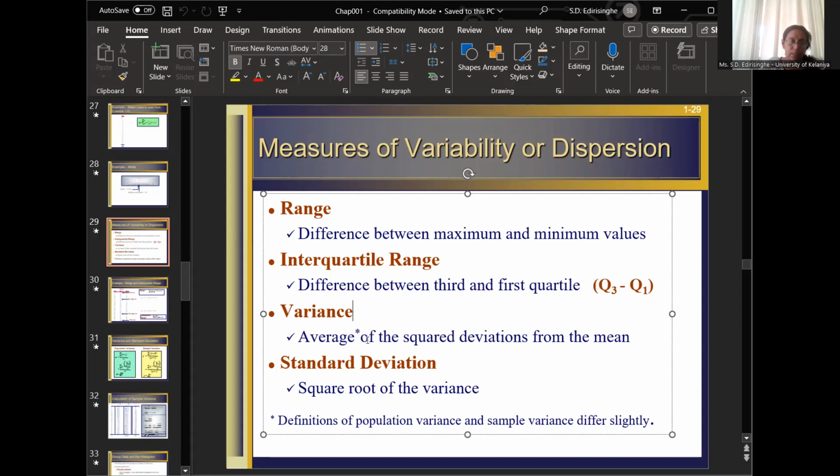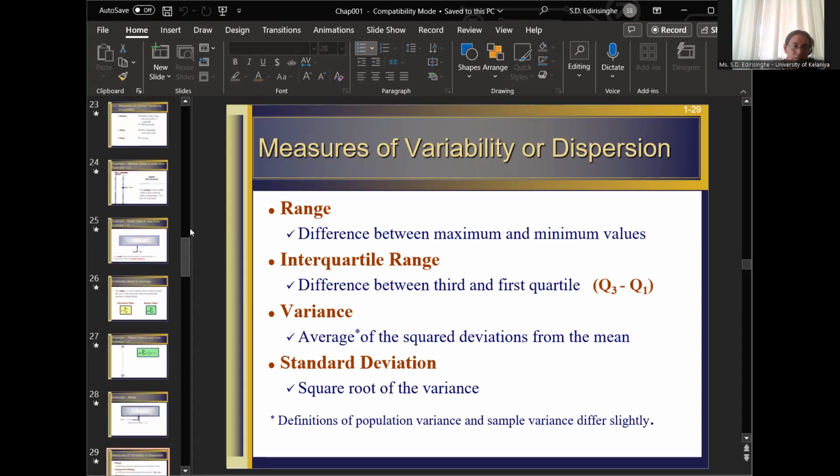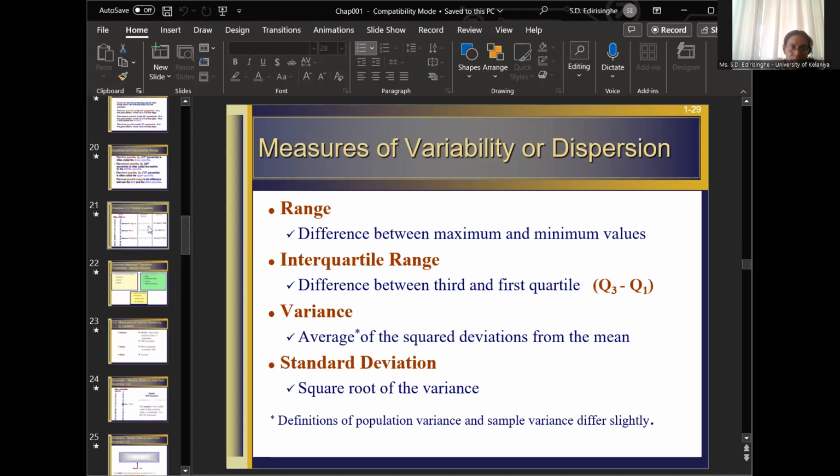Range is the difference between the maximum and minimum values. I believe you can remember that.